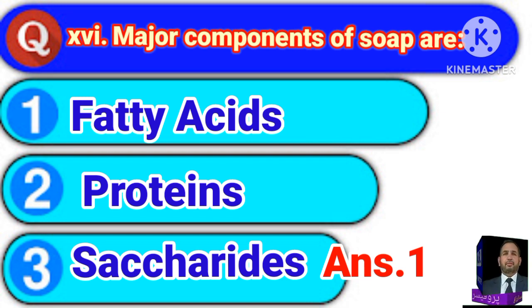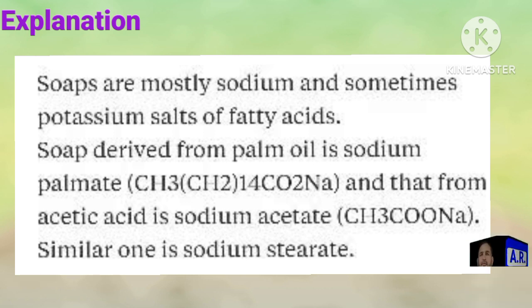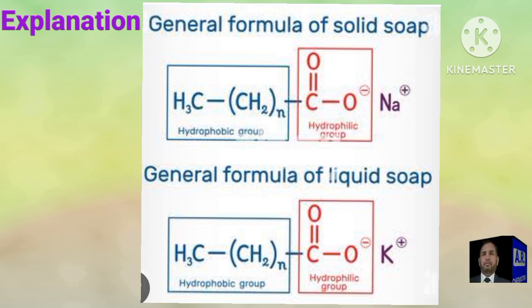In fact, soaps are sodium or potassium salts of long chain carboxylic acids, which are also called fatty acids. Here on the screen you are watching the definition of solid soap and liquid soap, and some examples of different soaps have been given. Here is the chemical formula of solid soap, which involves sodium cation, and liquid soap, which involves potassium cation.